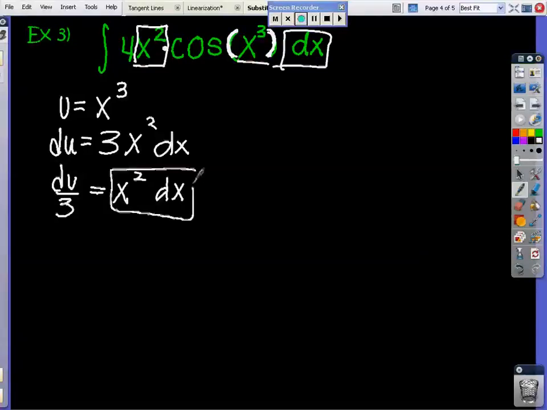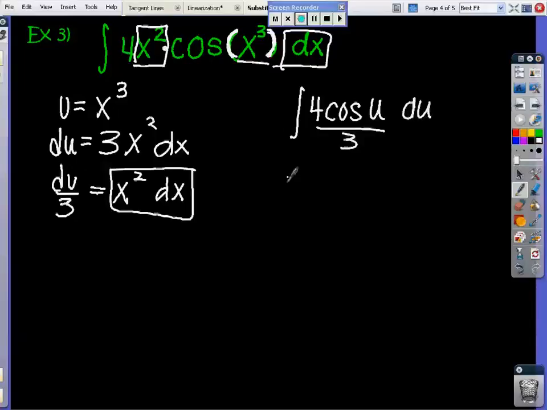So all of this is substituted out, and I'm going to place in its place du divided by 3. So I'm actually going to rewrite the problem to say the integral of 4 cosine of u, the du is here, and the divided by 3. So if you want, you can bring out the 4/3 and make it the integral of cosine of u du.